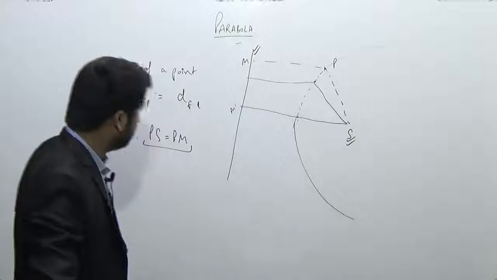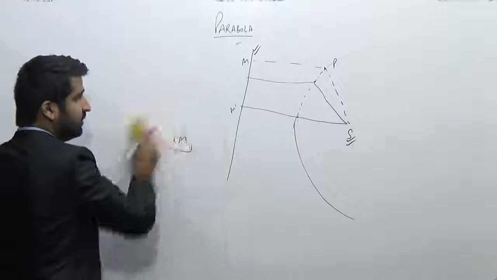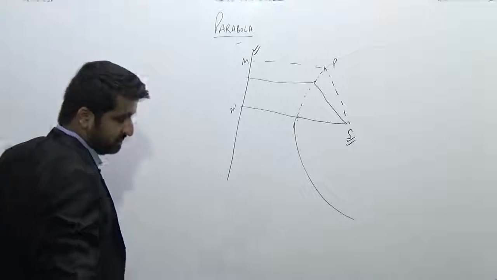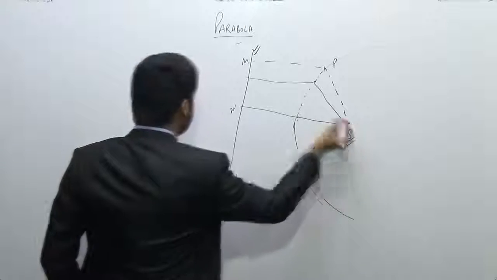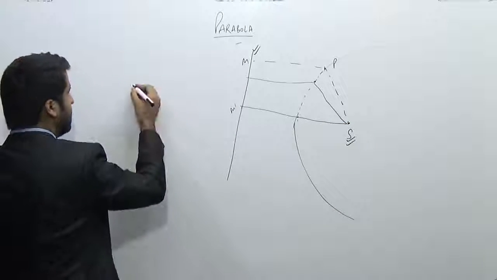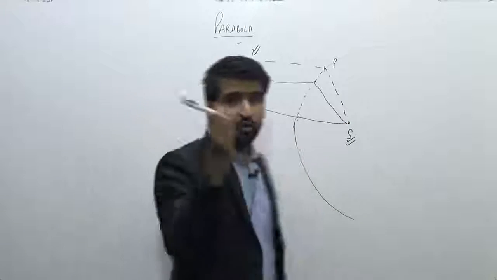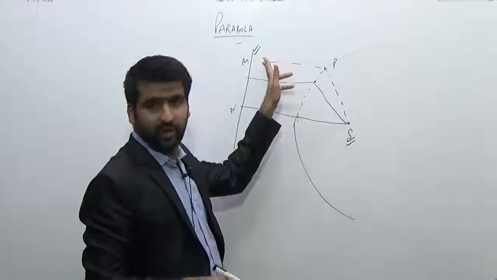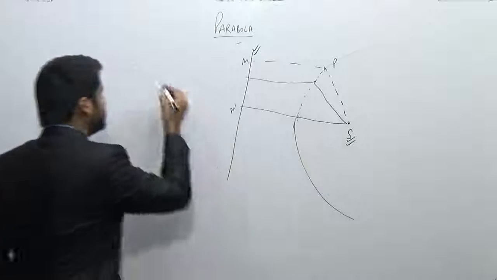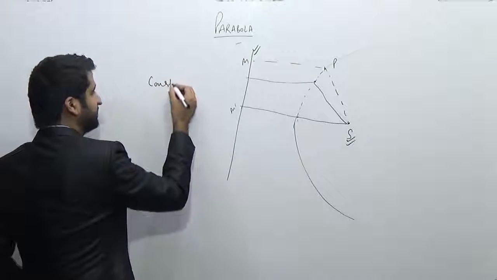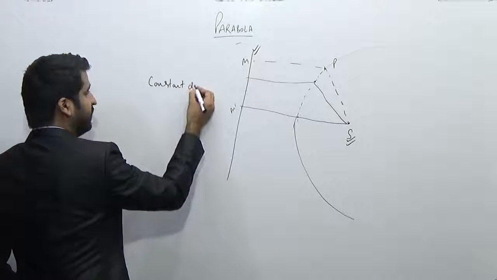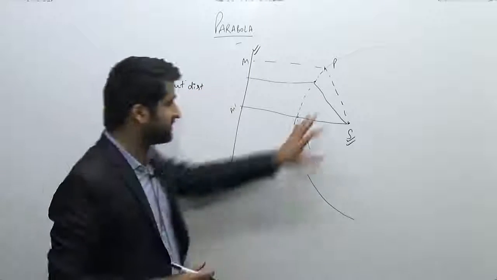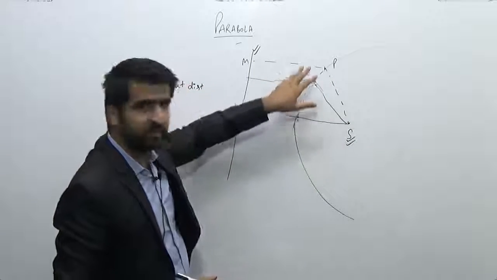Now guys, see, there's one major confusion which happens to everyone. Some people say that the definition of a parabola is the locus of a point which is at a constant distance from a fixed point and a fixed line. Now you cannot use the term constant distance, because this distance over here is not constant. First this distance was greater and then it was becoming smaller.